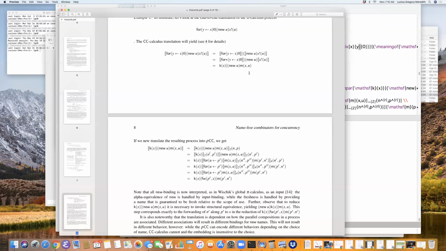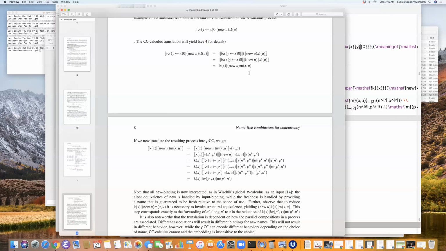So we're interested in having a computational calculus that has no nominal phenomena whatsoever. So that's kind of been a goal, is to get rid of new and abstraction. I see. Right.